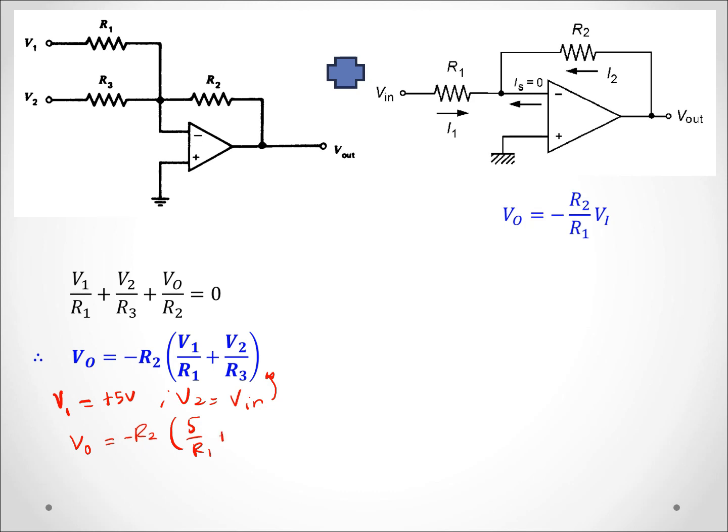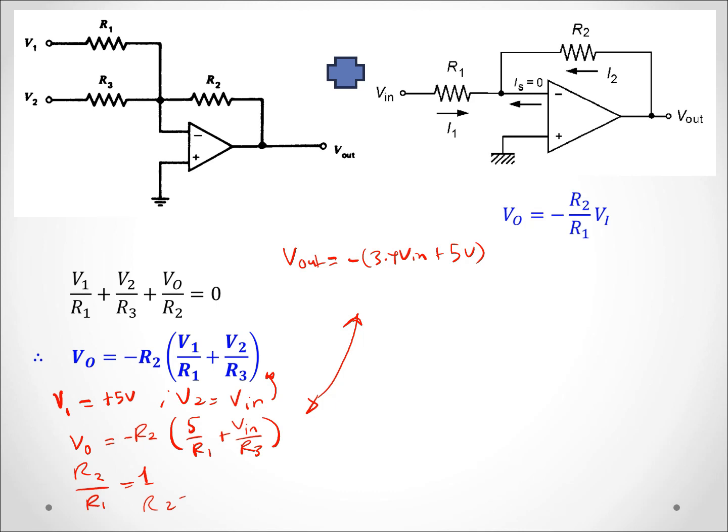Our V out should be 3.4 V in plus 5 volts. So if we compare between these two equations, we know that R2 over R1 is actually equal to 1. So R2 should be equal to R1, and R2 over R3 should be equal to 3.4.